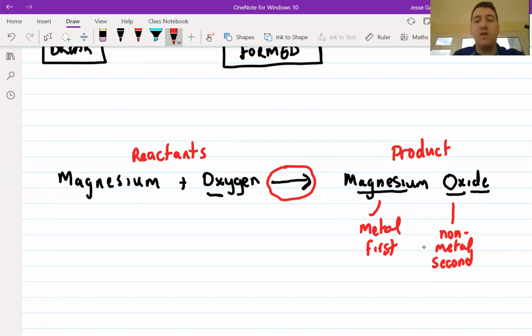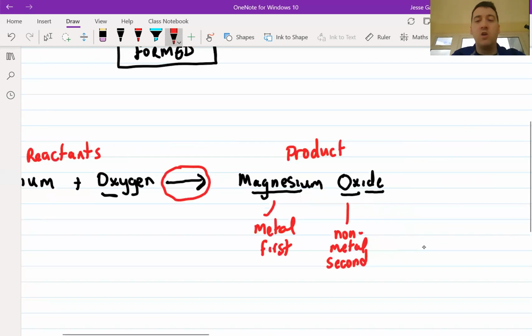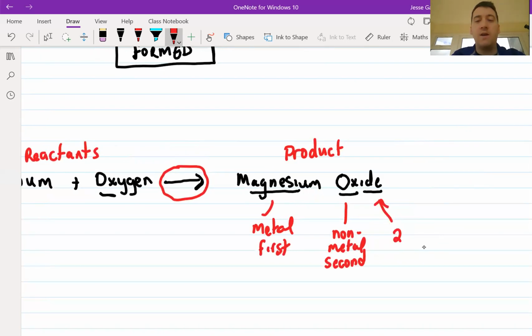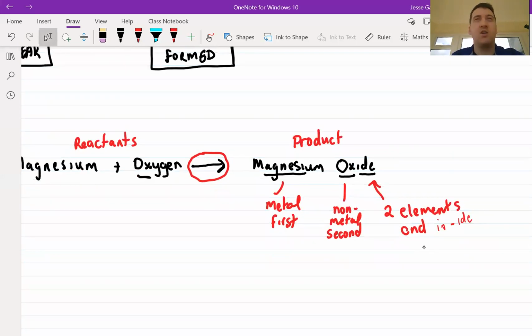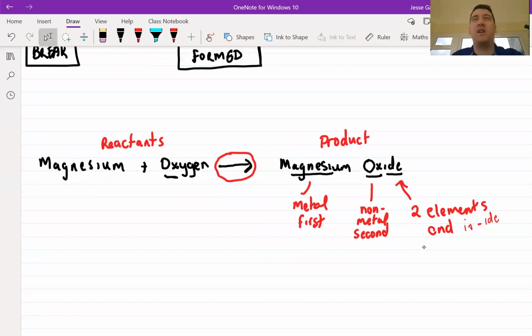And if there's two elements, we end in -IDE. So magnesium oxide, not magnesium oxygenide or magnesium oxygen, it's magnesium oxide.